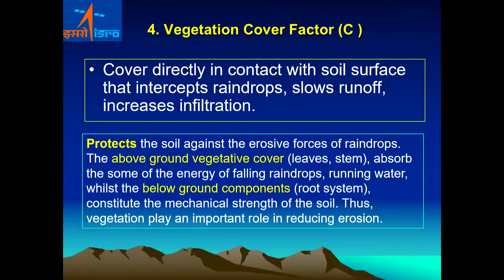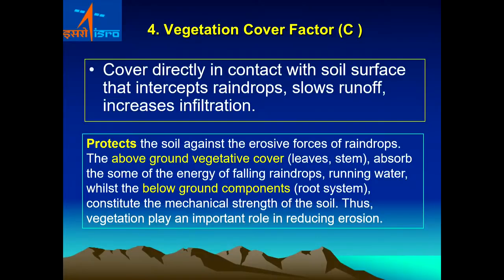But if there is protection by vegetation, then it will hit the plant leaves and tree leaves in the forest, so its energy gets dissipated and reduced, and it will not directly hit the soil particles, so they will not detach. So vegetation cover provides protection to the soil. Another advantage is that if the rain's energy gets dissipated, then it will move to the surface.